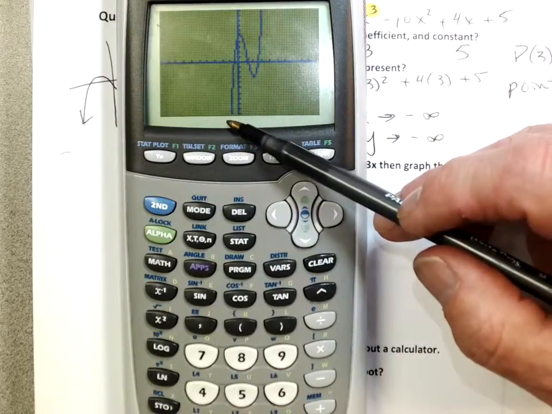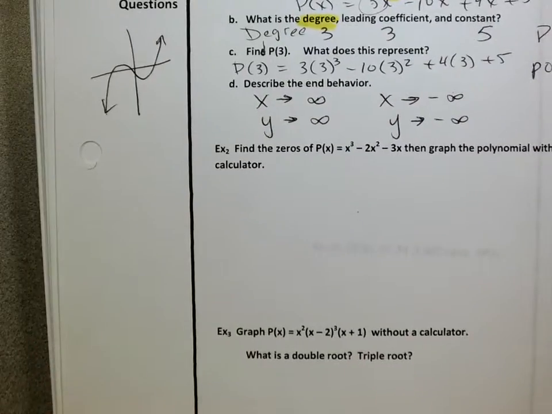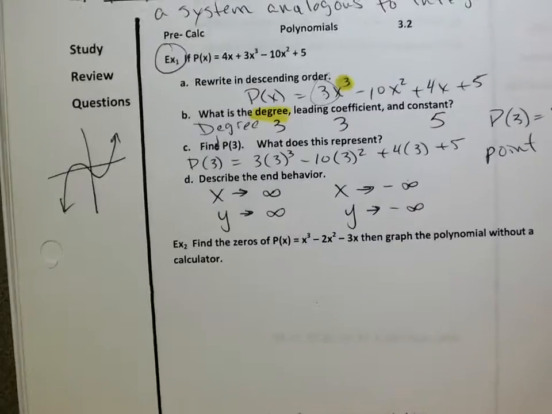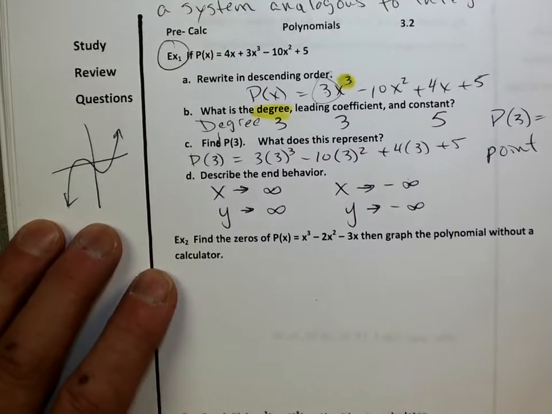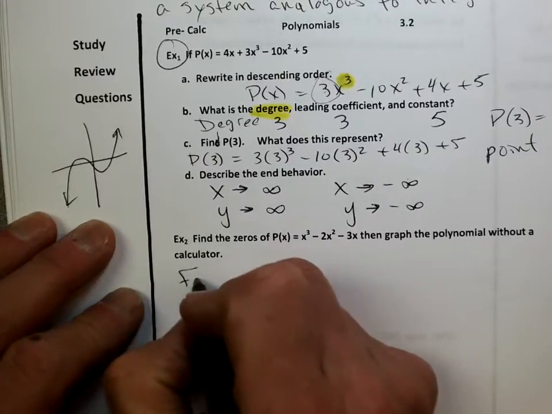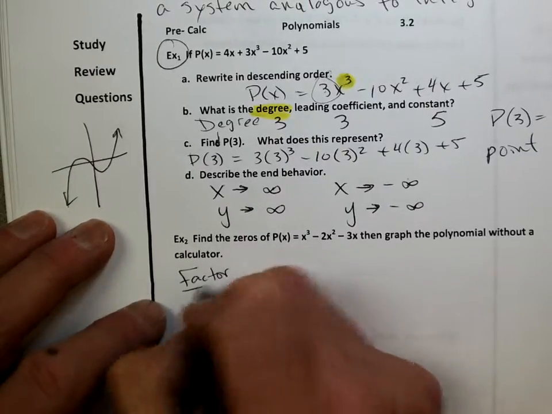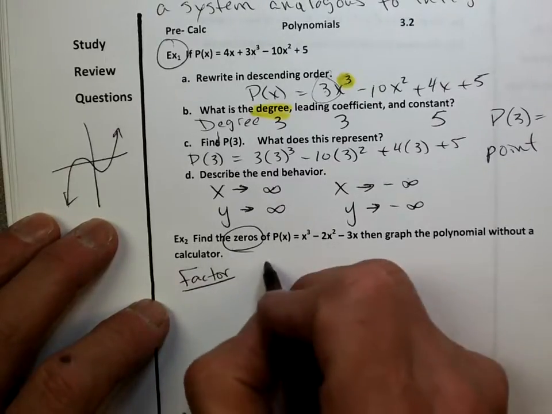Example 2. Find the zeros, then graph the polynomial without a calculator. Ooh, without a calculator? Oh man, I think I can handle it. So first of all, let's factor.